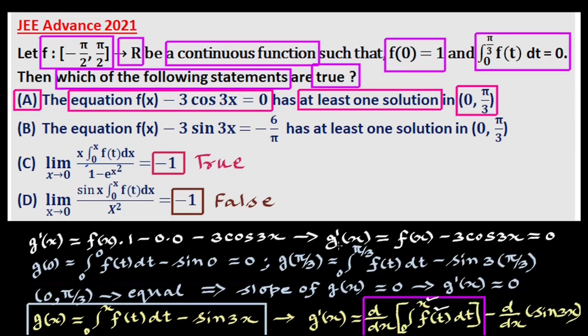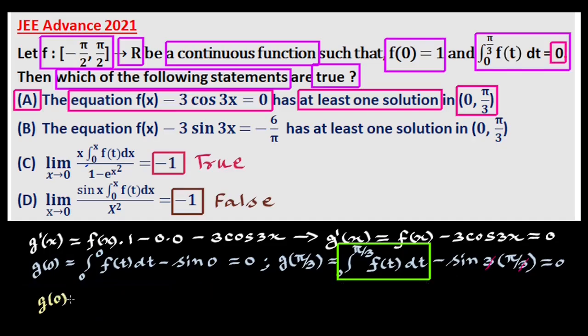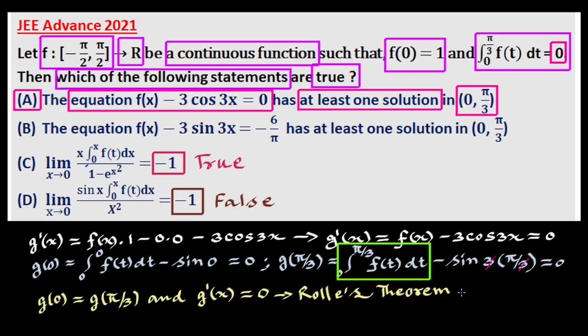Now the value of this integral is given in the question and it is 0, and cancelling this 3, sin pi is 0. So 0 minus 0 is 0. Now since g(0) equals g(pi by 3) and g dash x equals 0, it proves that Rolle's theorem has been followed by option A. Hence, option A is true.